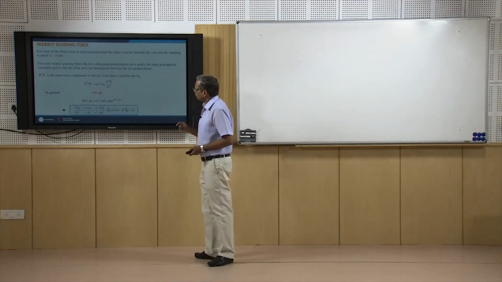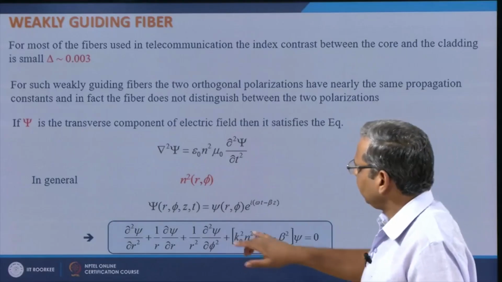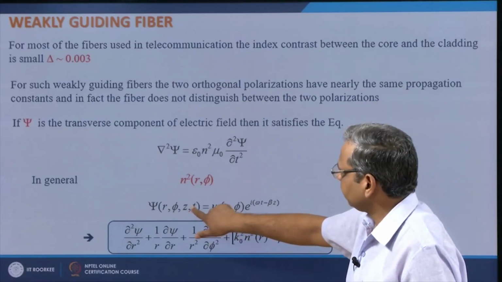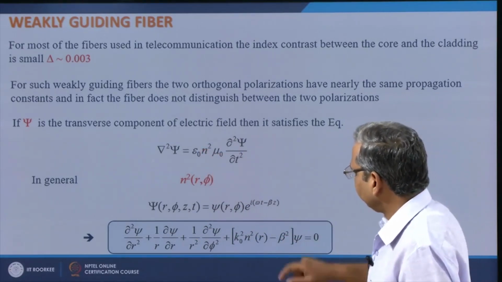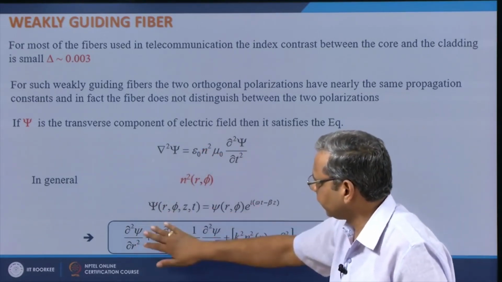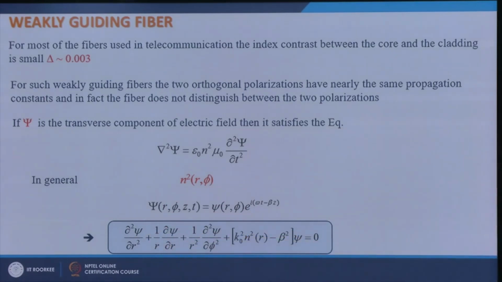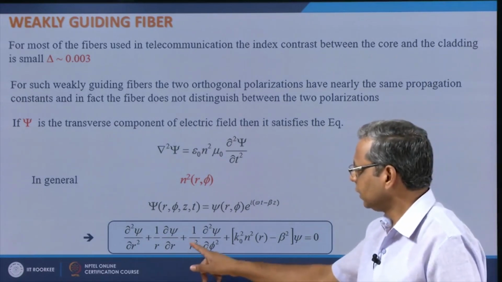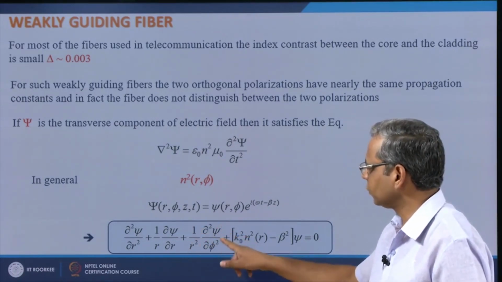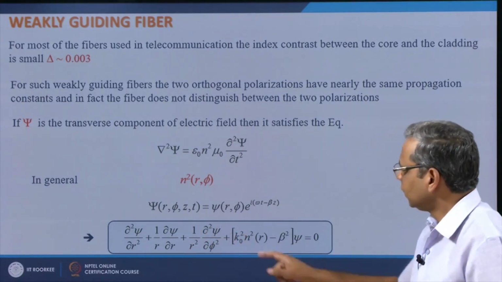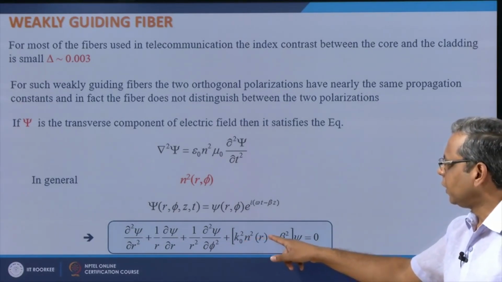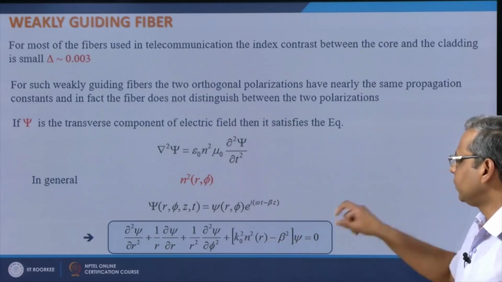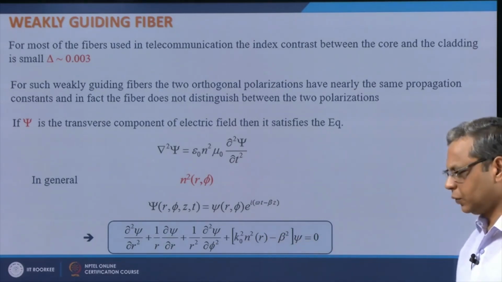For that, I put this capital psi back into this wave equation, and when I do this, the equation becomes del 2 psi over del r square plus 1 over r del psi over del r plus 1 over r square del 2 psi over del phi square plus k naught square n square of r phi minus beta square psi is equal to 0.